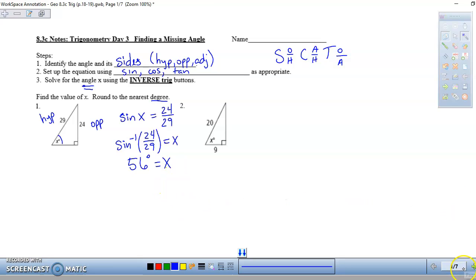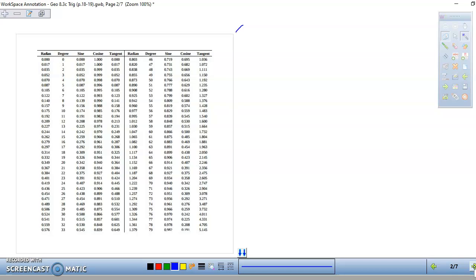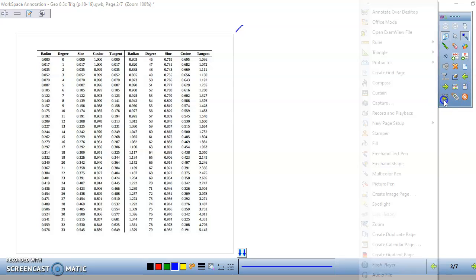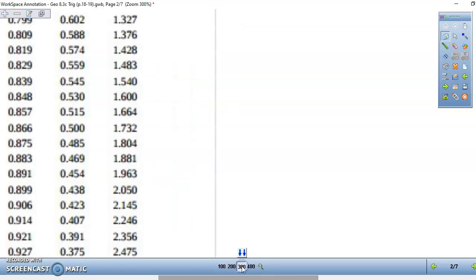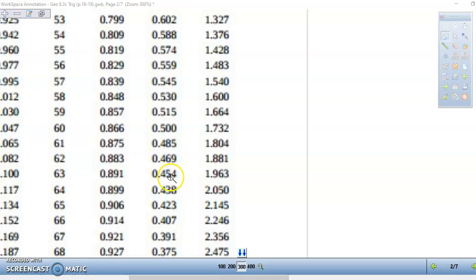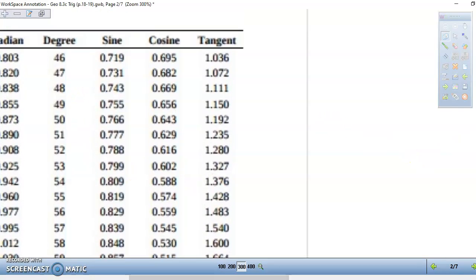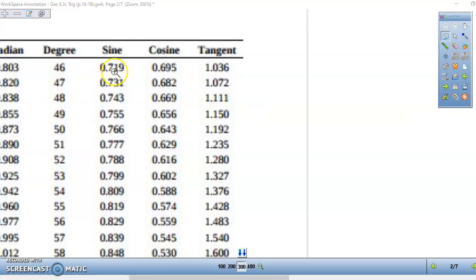Now, if you look in your trigonometry table, like we did the other day, I can actually zoom in on this a little bit. Here, if you look at 56 degrees and then you look at sine, you see that you have 0.829.